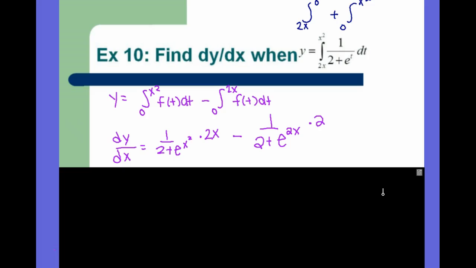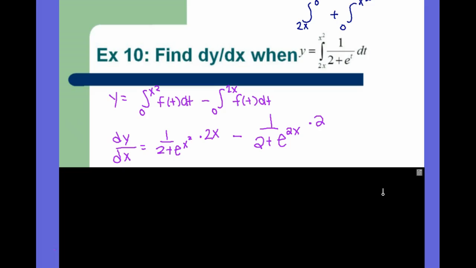A linear bound, so 0 to x, just like a 0 or a number: when you take the derivative of a constant, it becomes 0. When you take the derivative of x, it becomes 1. So it doesn't matter. Now our bounds are x squared and 2x.